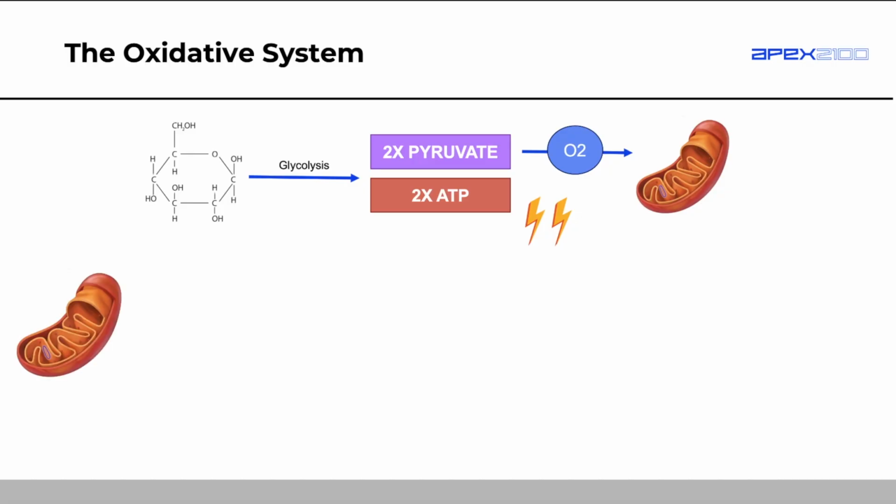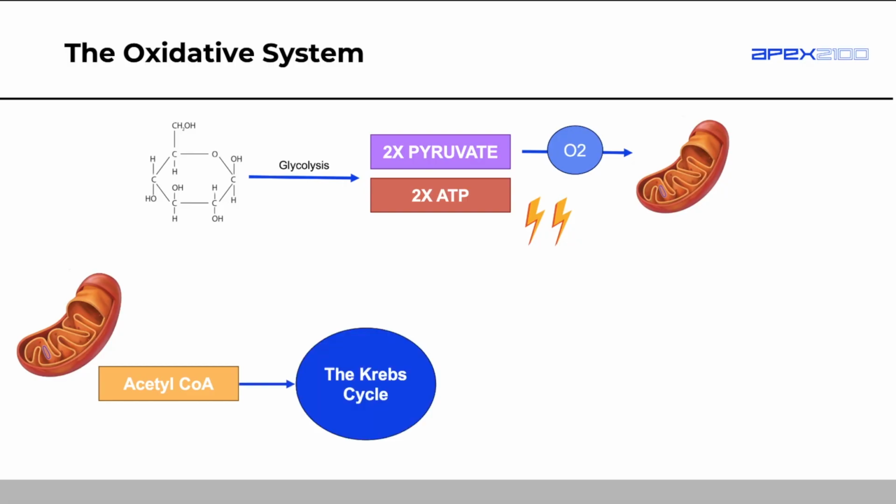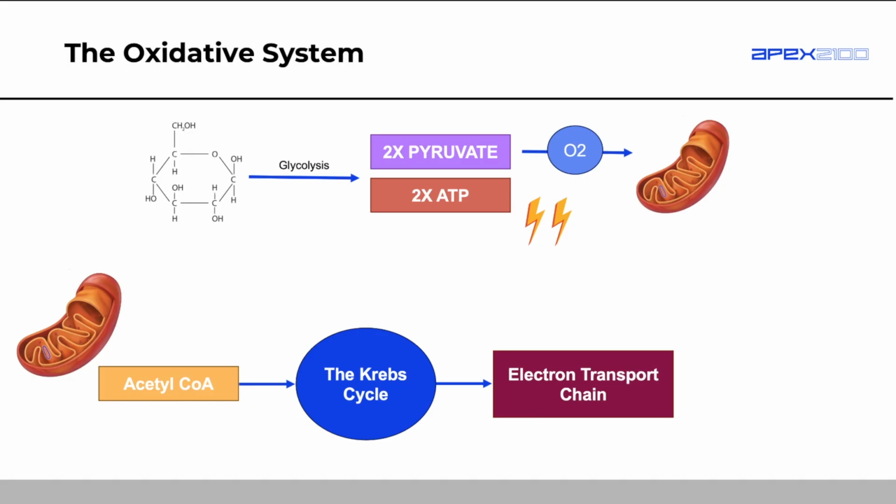So again, we've got the mitochondria. Once at the mitochondria, the pyruvate turns into something called acetyl-CoA, so acetyl coenzyme A. Acetyl-CoA goes through a process known as the Krebs cycle, where this acetyl-CoA is broken down, producing molecules that carry electrons to the electron transport chain.